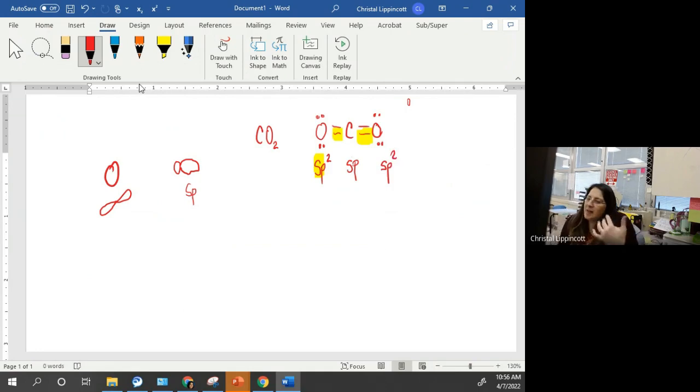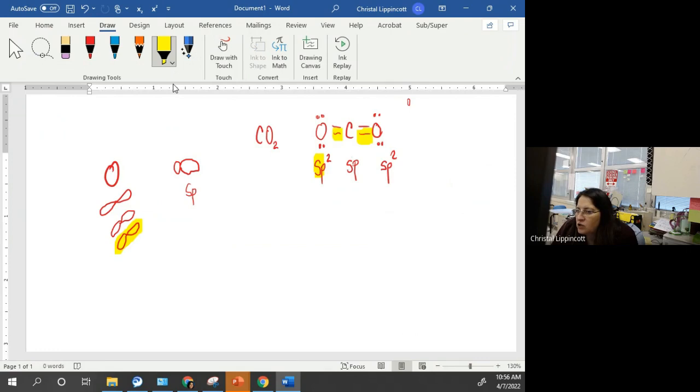Now, how does that work? They're never going to ask you to draw these, but we know that we have 3 p orbitals and an s orbital. Sometimes we hybridize these, sometimes we don't. Anytime you have a double bond or a triple bond, you have to leave one of these p's open for that bond.